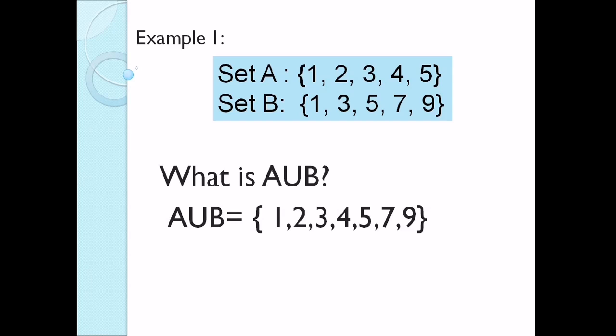So A union B equals 1, 2, 3, 4, 5, 7, and 9. So we just combine all the elements containing in set A and set B.